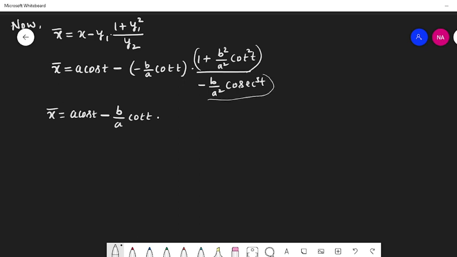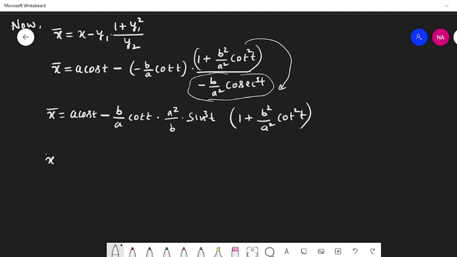Taking this term to the numerator, we get minus, a square by b into sine cube t, times this term I keep as it is, 1 plus b square by a square cot square t.